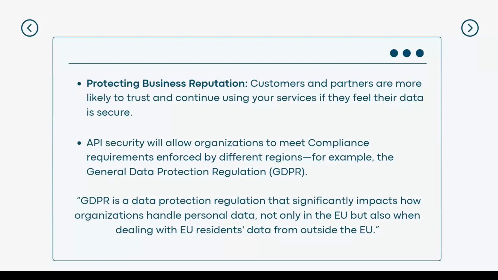For example, if a company faced a cyber attack and the email addresses of its users were exposed and sold on a hacking forum, these customers have to be on the lookout for phishing emails, because once your email addresses are sold to hackers, the next thing they're going to do is use them for malicious activities, sending you malicious links, malware, and all that, so they can gain access to your computer and other information like your financial information. So API security helps to protect business reputation.